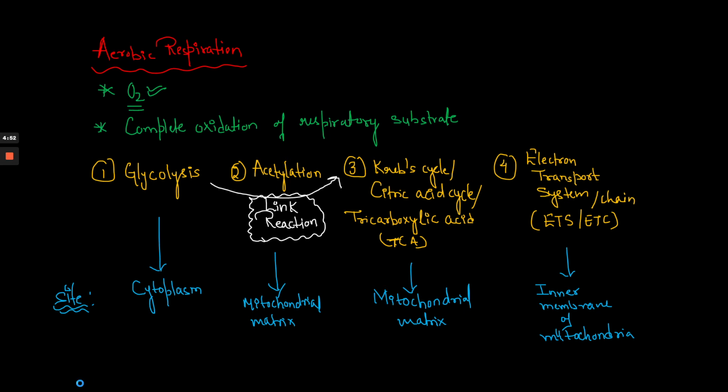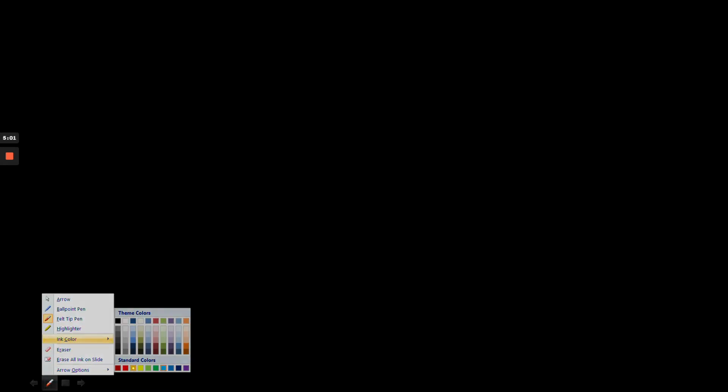So let me give you just a brief idea before going into the detail of aerobic respiration. You should have a clear picture in your mind of what is actually happening in aerobic respiration, because it is a complex process, right? So let's say this is the mitochondria. Let me draw a mitochondria over here.